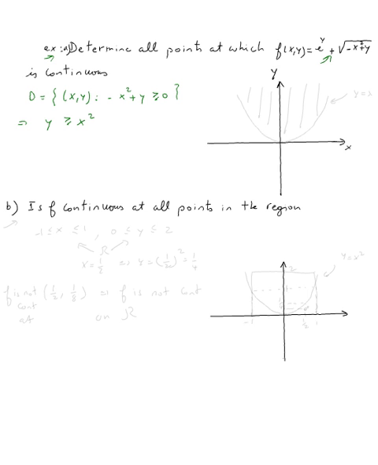Now, what do I get? Here's the curve, the parabola y equals x squared. So I want all this region, the region that's above the parabola, right? Now let's answer question B. Is f continuous at all points in the region?